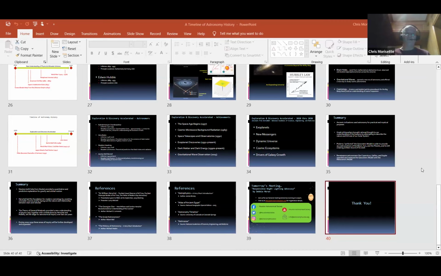They're going to use that to detect gravity waves at lower frequencies, which is what you would expect to see when two supermassive black holes get close to each other and combine. So hopefully gravity waves can be incorporated into our understanding of phenomena out in space.